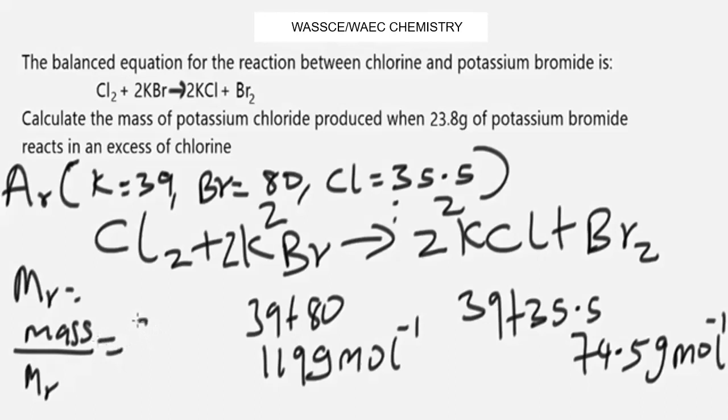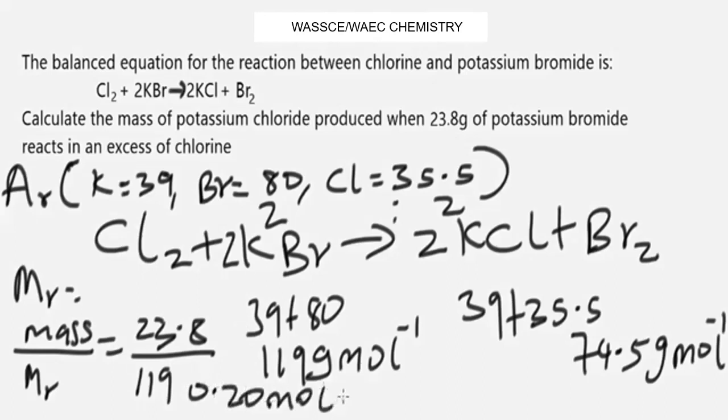So it's going to give us 23.8 divided by the molar mass of potassium bromide, which is 119. So let me punch this in the calculator. Okay, so this will give us 0.20 mole.